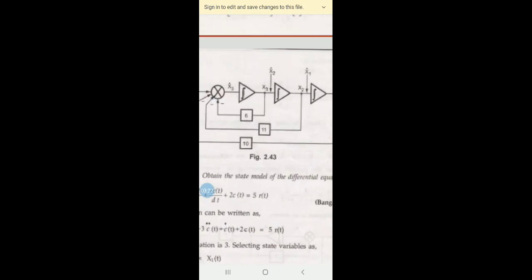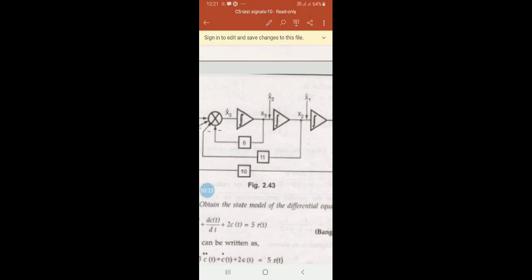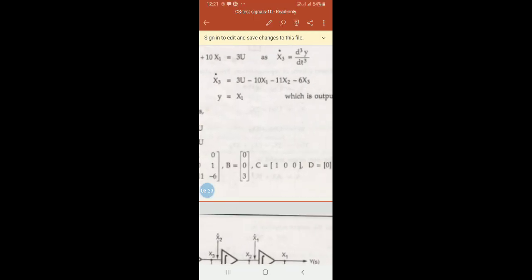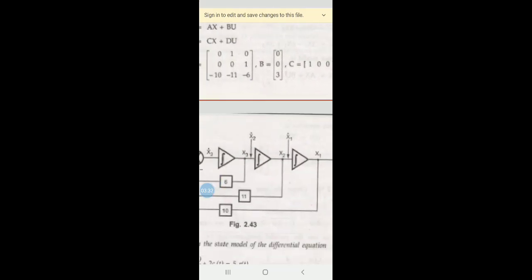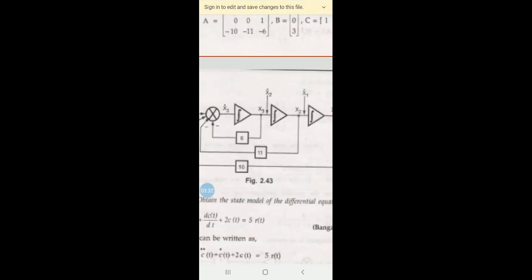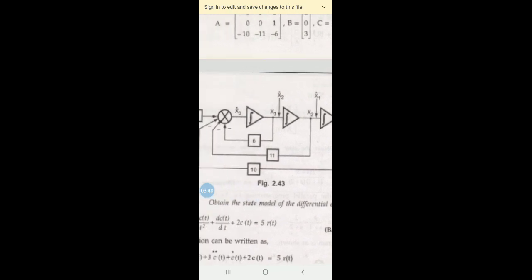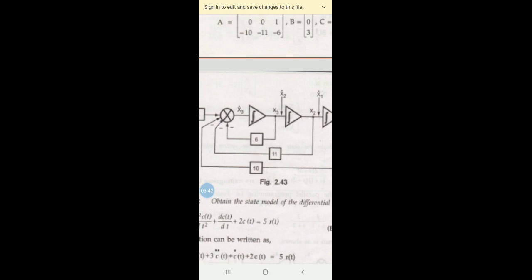So this is how to draw the diagram. What is the equation? It is minus 10x1 minus 11x2 minus 6x3. So this is minus 10x1, this is minus 11x2, this is minus 6x3. Then the 3 integrator outputs are x3, x2, x1. So this will be x3 dot, this is x2 dot, and this is x1 dot.